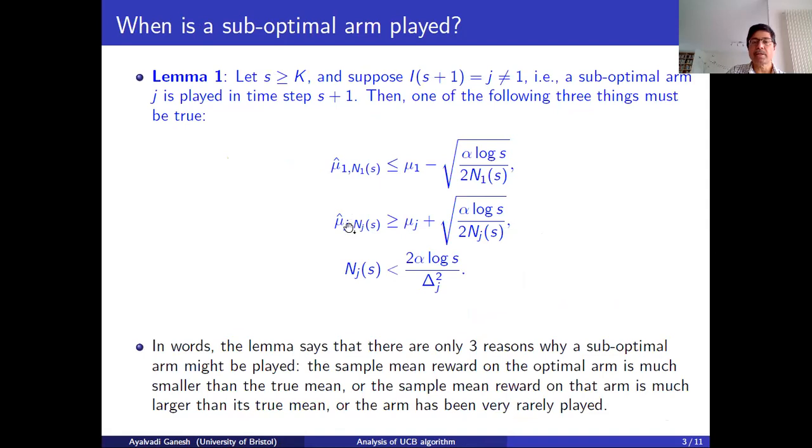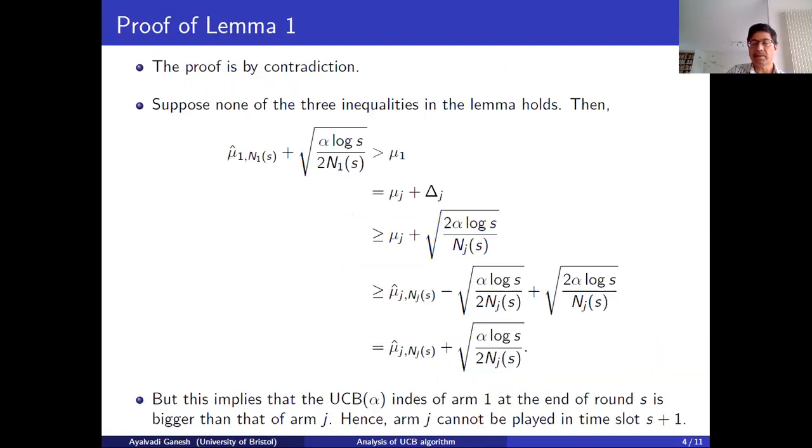The second inequality says that the sample mean on arm J exceeds its true mean by this amount. So if it's violated, it says that the true mean exceeds the sample mean minus this. That's what rearranging this gets. The true mean is bigger than the sample mean minus this. So that's what violating the second inequality says.